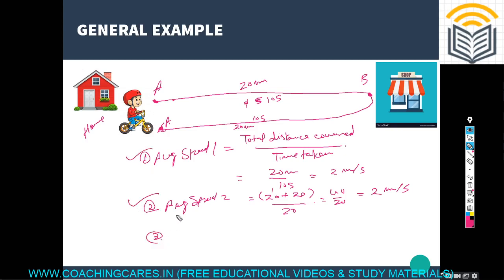Now we'll calculate, in the second case when returning back home, the average velocity. Average velocity will be equal to total displacement covered divided by time taken.